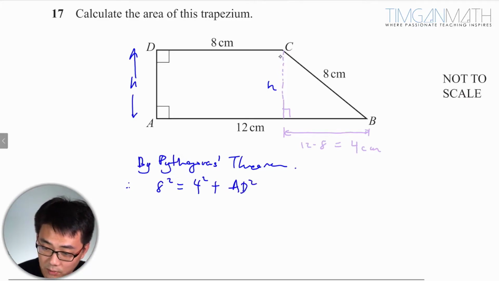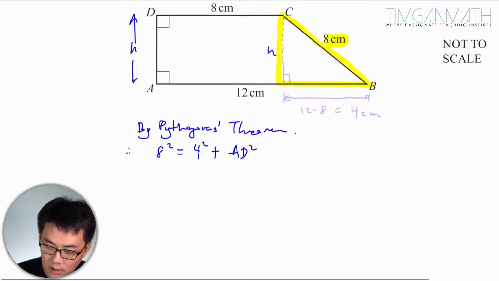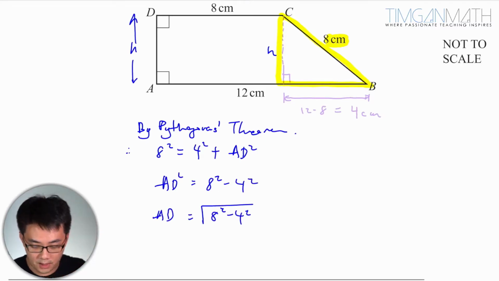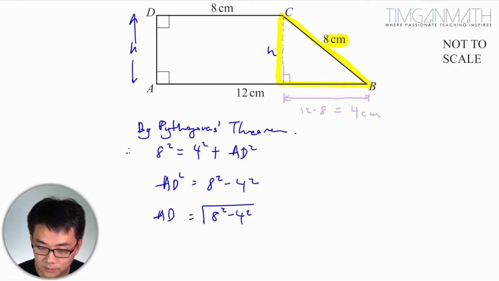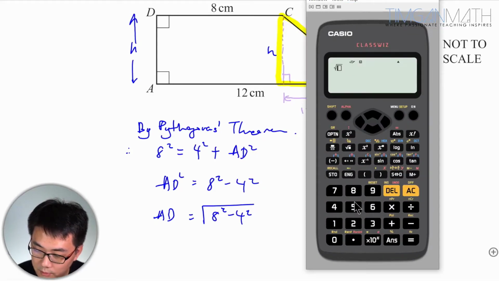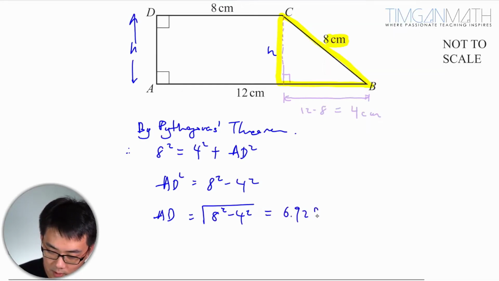I'm looking at this right angle triangle here. Please take note: the hypotenuse is 8, and one of the two sides is 4. So AD square will be 8 square minus 4 square, and AD is the square root of 8 square minus 4 square. Just key in the calculator: square root of 8 square minus 4 square, that will be 6.928 cm.